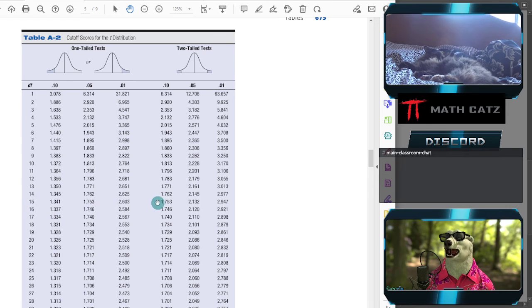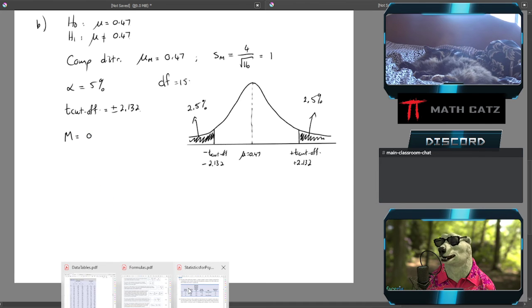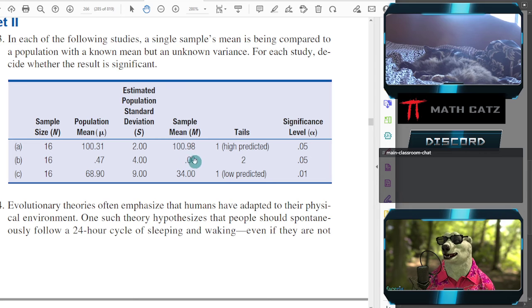I'm looking for two-tailed. I'm looking at 5%. I'm over here, 2.132 plus minus. 2.132 plus and 2.132 minus. So my t cutoff will be plus minus 2.132.